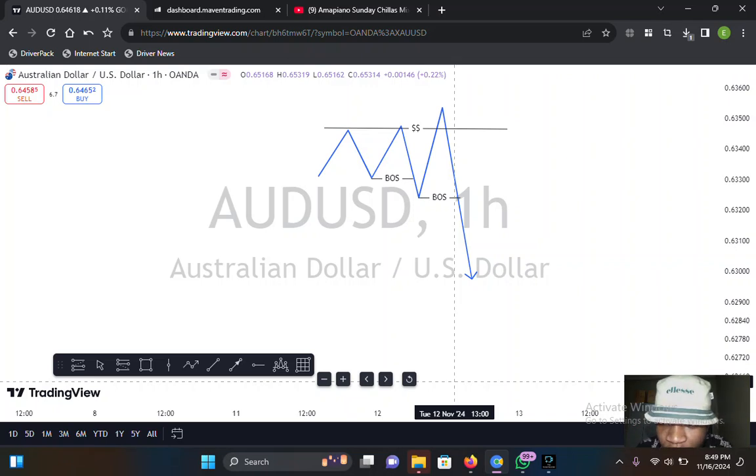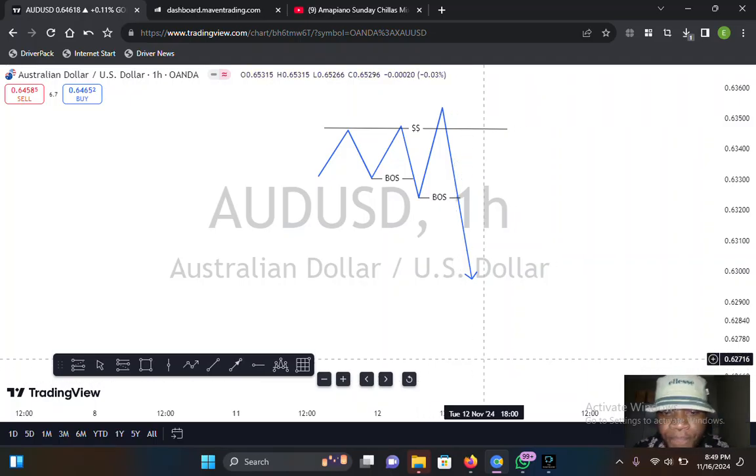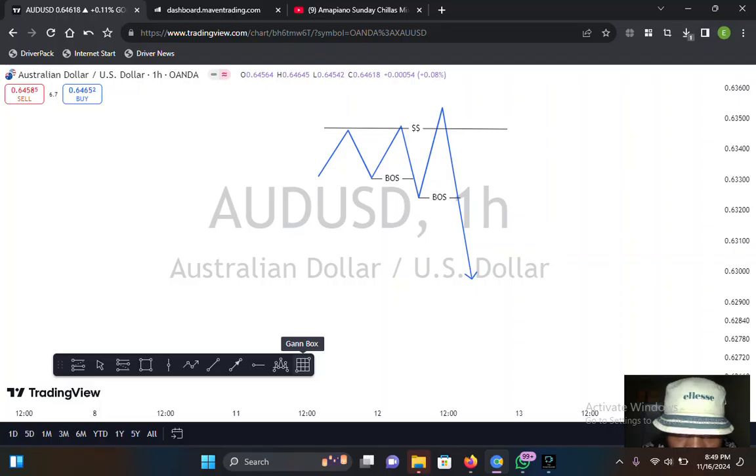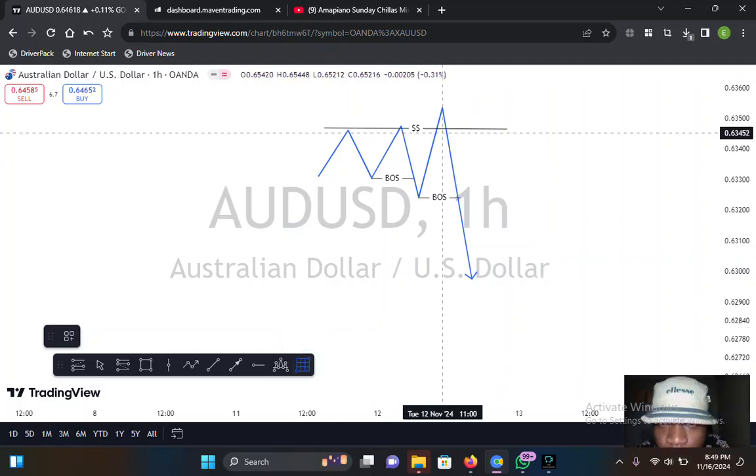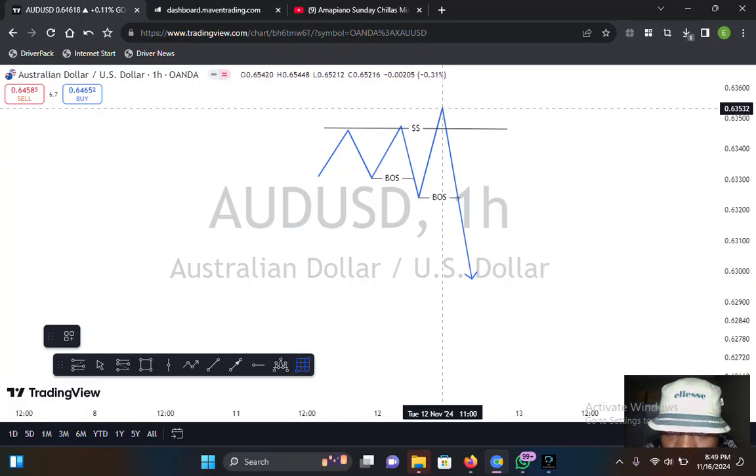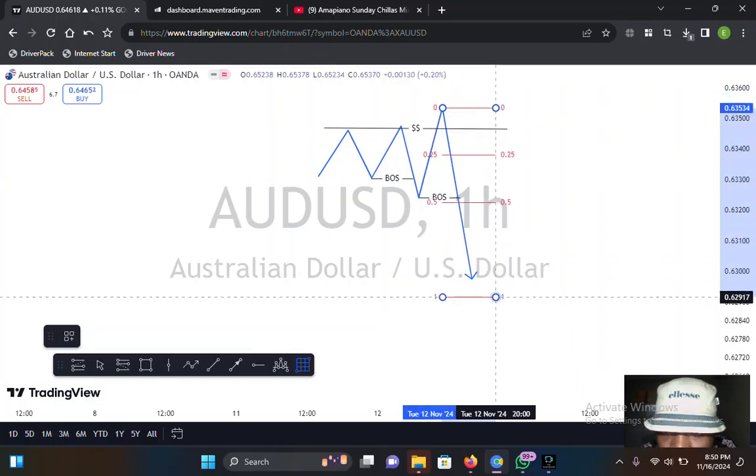What do we have to do first? The other concept comes in again, which is equilibrium. On equilibrium, I will use this tool. You can see the name of the tool here, it is the Fib box. This tool is what measures the equilibrium of the trade.